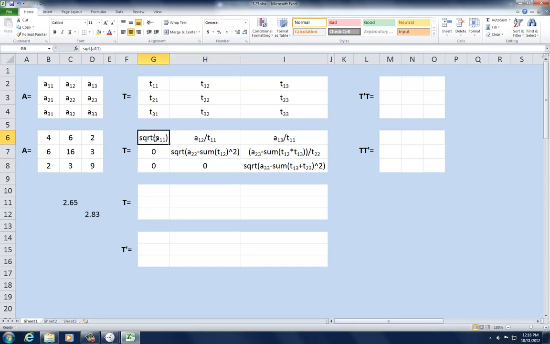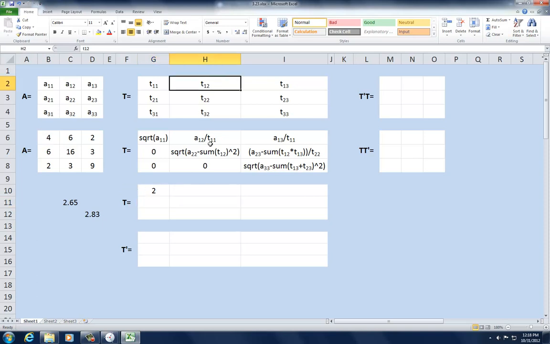And as we talked about before, to get T sub 1,1, we take the square root of A sub 1,1, so the square root of 4. So let's do that here. Square root of, this is A sub 1,1. I'm sorry, gotta do the equal sign. And that will, of course, give us 2.